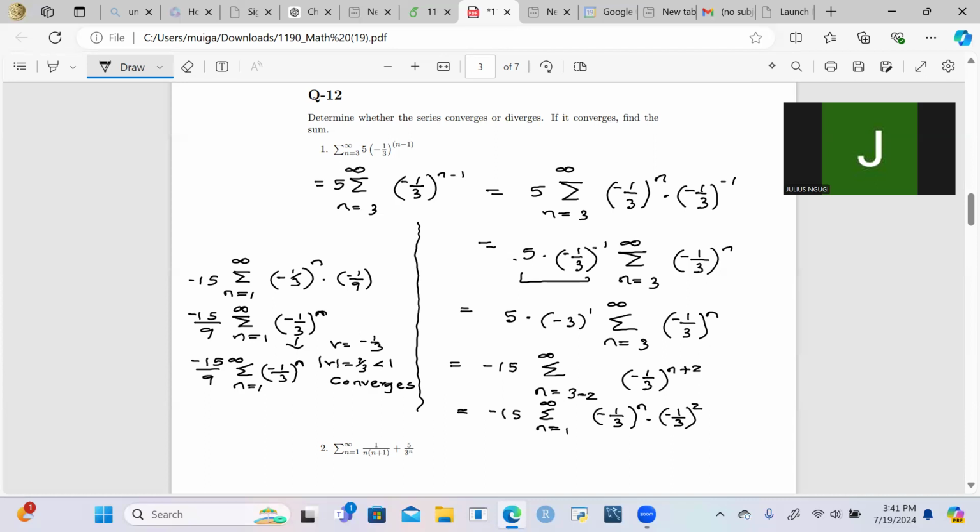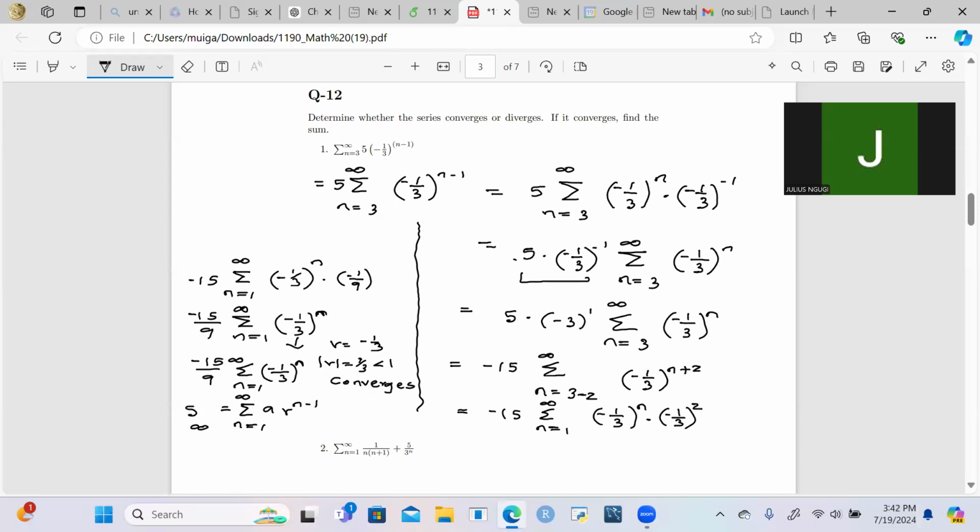To find the sum, we should get whatever is inside into the form of the sum as n starts from 1 to infinity of a r to the n minus 1. So this is the formula for the sum. Let me write sum to infinity.